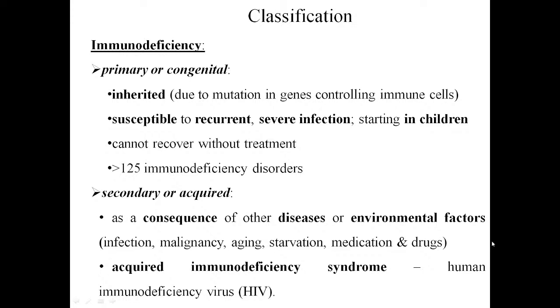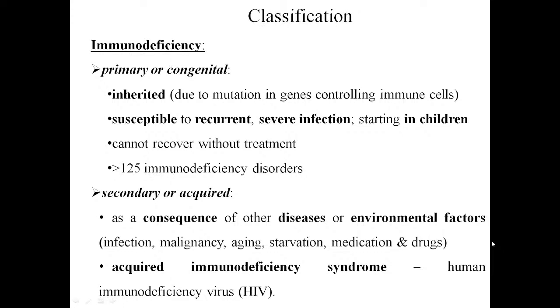These patients are susceptible to recurrent severe infections. This immune deficiency starts in childhood. They cannot recover without treatment, and there are more than 125 different immune deficiency disorders.